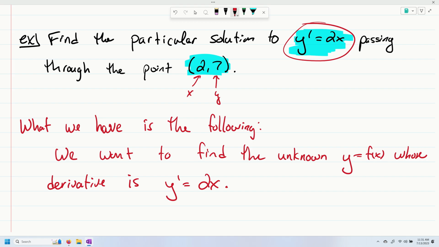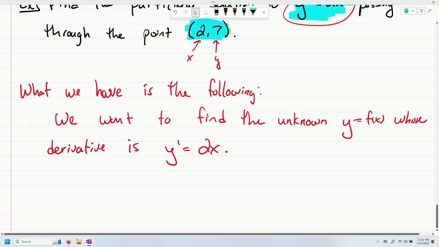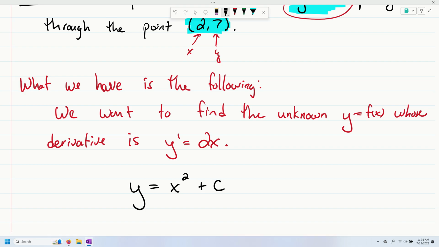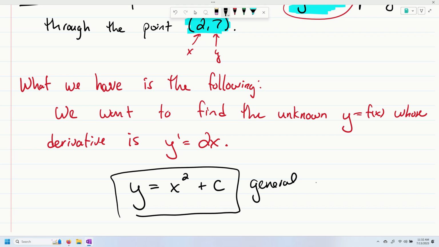And like I said, if you just think about this for a second, because this is a very simple one, we know that that unknown function of y has to be x squared plus c. And this right here is the general solution. And it's general because of the plus c.